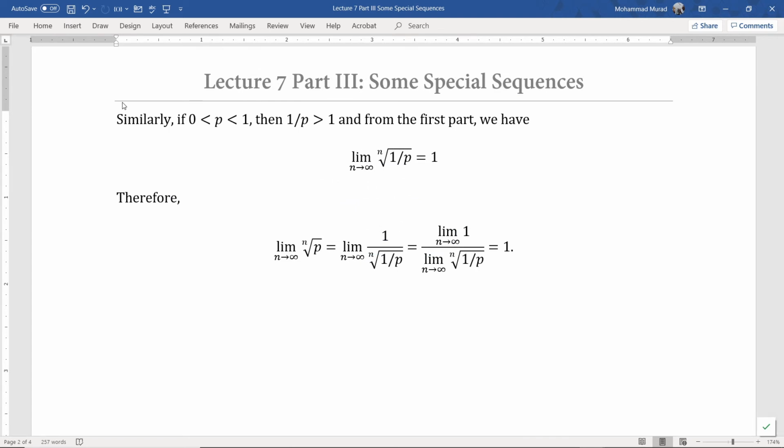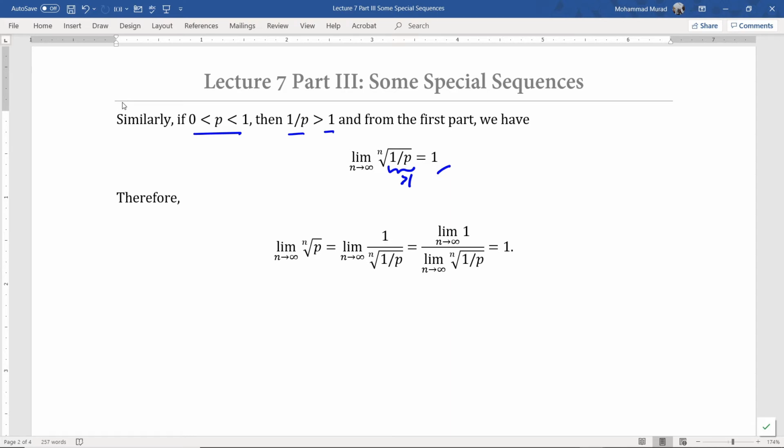Similarly, if p is positive but smaller than 1, then 1 over p must be greater than 1. From the first part, we have the limit of the nth root of 1 over p, which is greater than 1, equals 1.